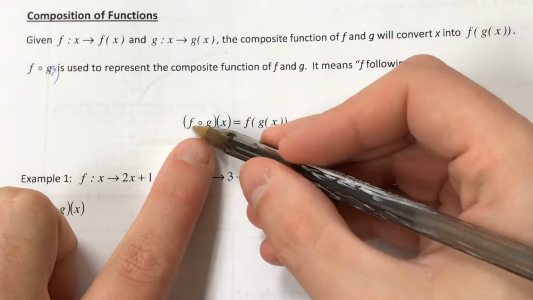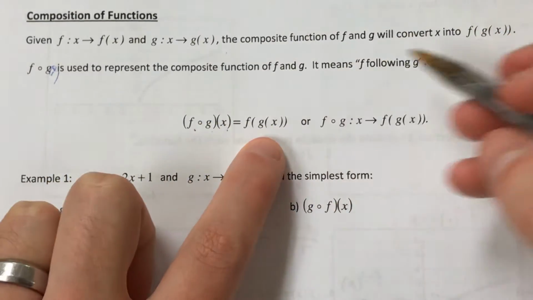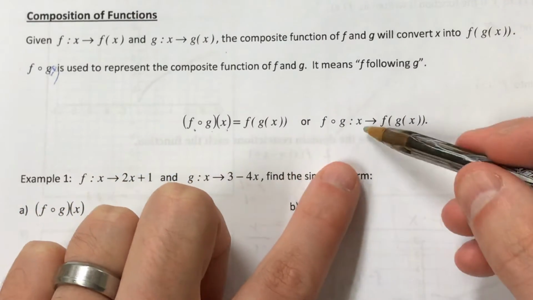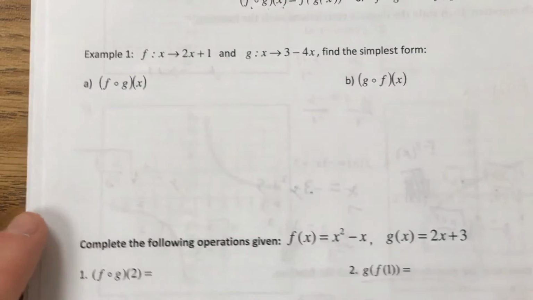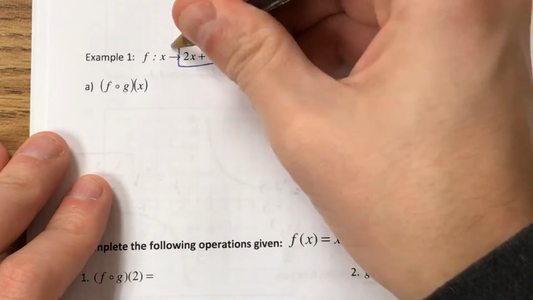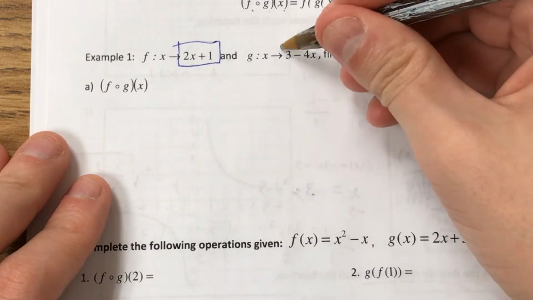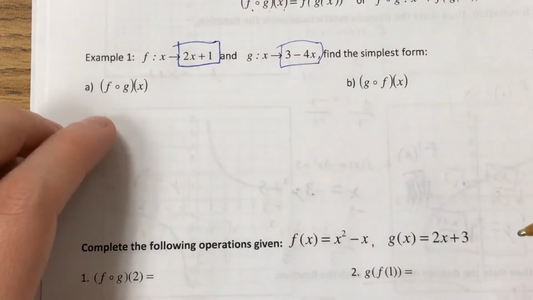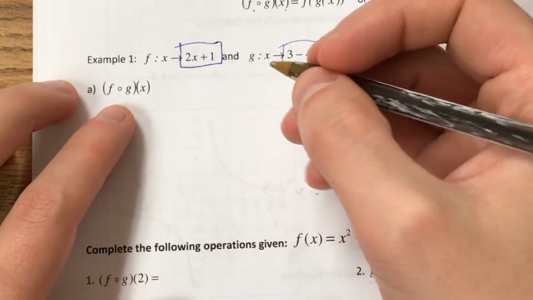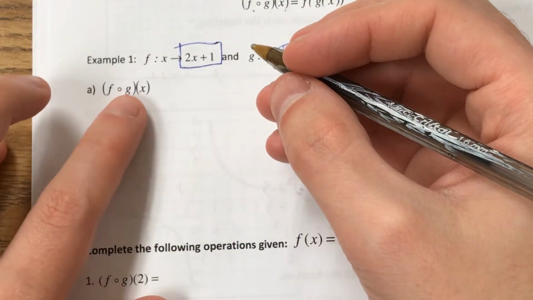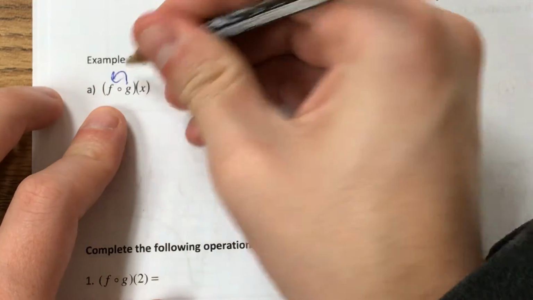So here we go. f of g of x equals this, or f of g is the function that takes x and puts it into the composition. Anyway, here's how it goes. If f is 2x plus 1 and g is 3 minus 4x, and it wants to do a composition of functions, basically what's happening is it's saying to take g and plug it into f.